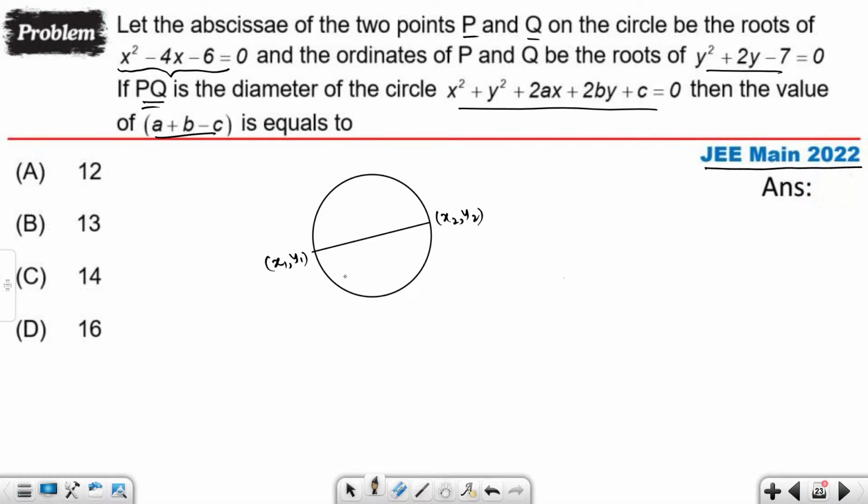Now, to find the equation of the circle, because you have to find the equation of the circle, until you get it, you cannot compare with this one to get the values of A, B, and C. So if you want to solve for x1 and x2, you have to solve this equation. You will solve this equation to get y1 and y2.